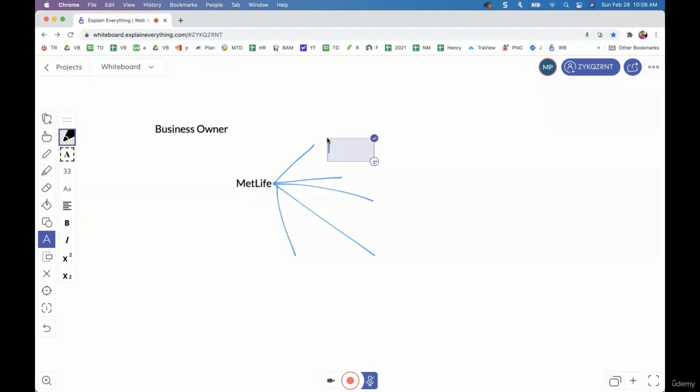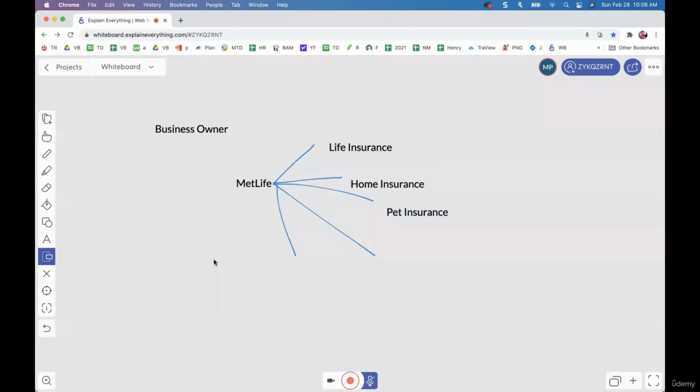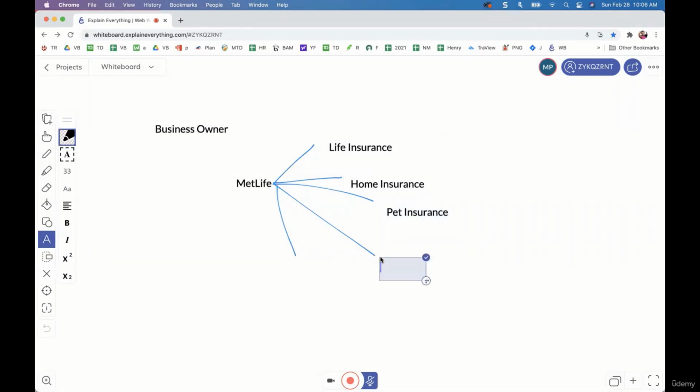The products that they were offering were life insurance, home insurance, pet insurance, auto insurance, and so on.